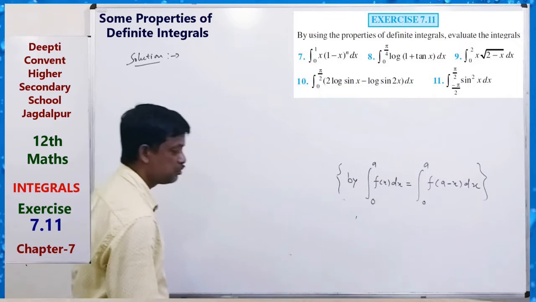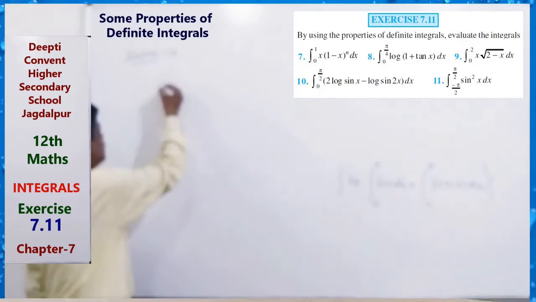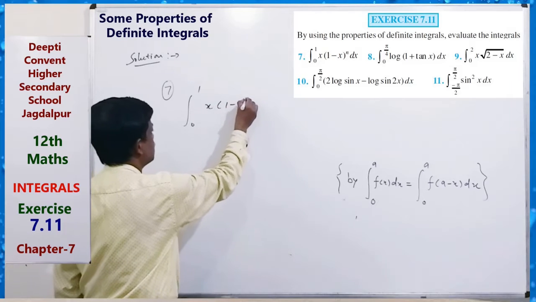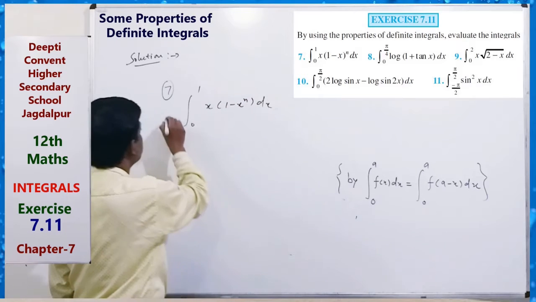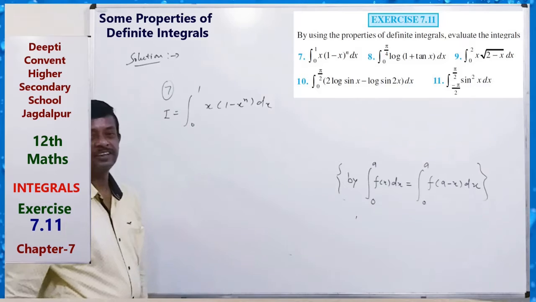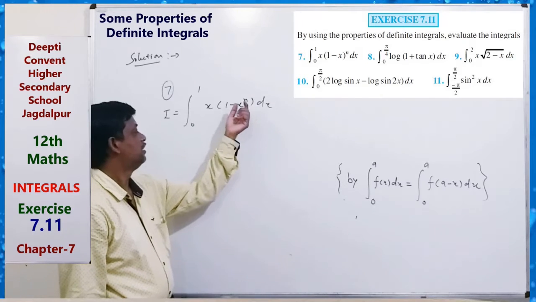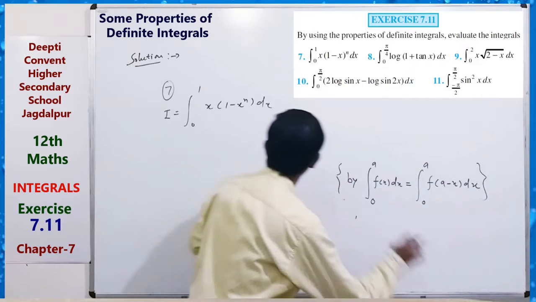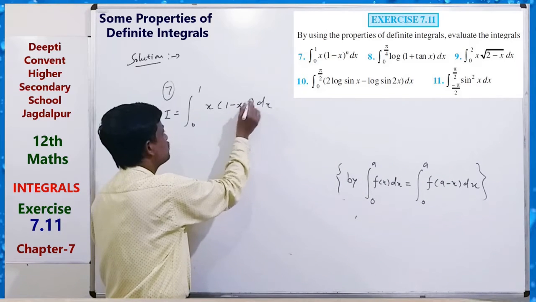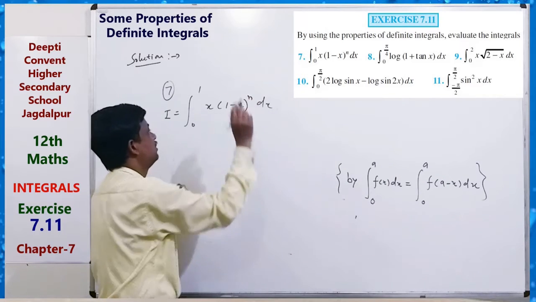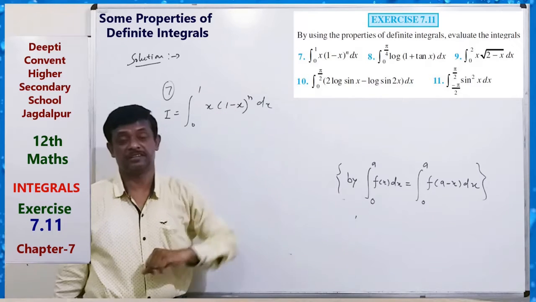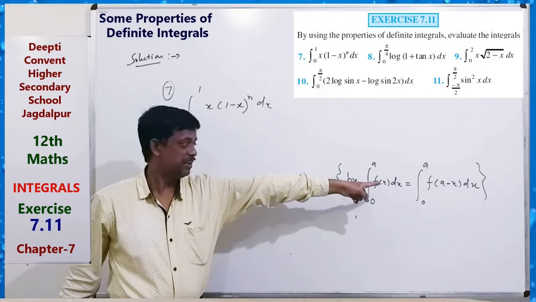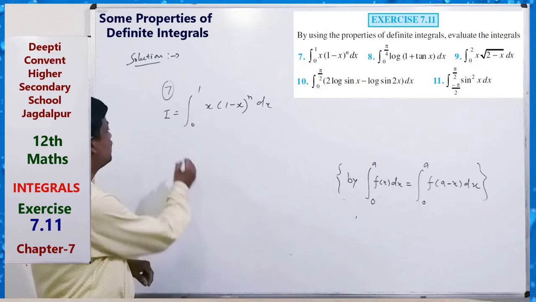Now question 7. 0 to 1, 1 minus x to the power n. Question 7. 0 to 1, x times 1 minus x to the power n dx. Now it can be solved very easily. By using the a minus x formula, we can convert it.